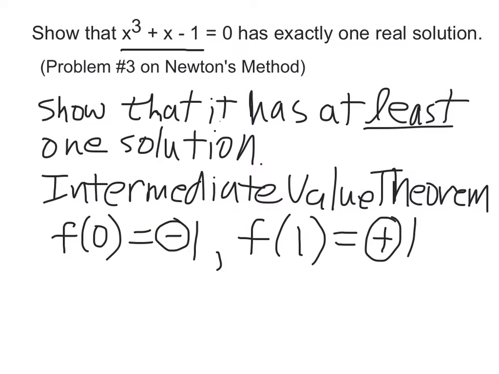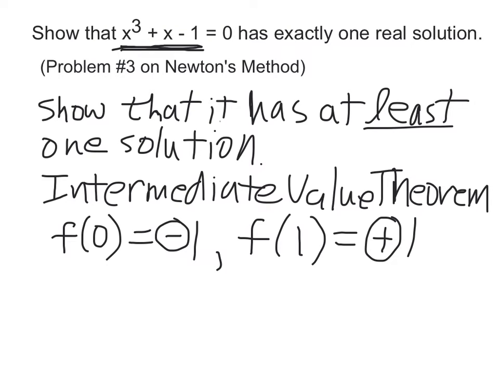Now, the calculus side of this is the intermediate value theorem says if we have a continuous function, and going back to that idea, any of our polynomials, x squared, x cubed, x to the fourth, anything like that, those terms added together will be continuous.